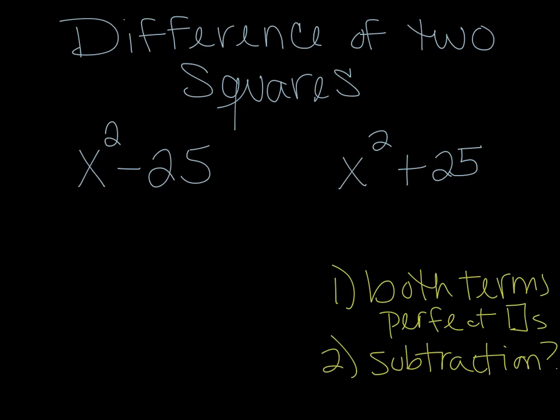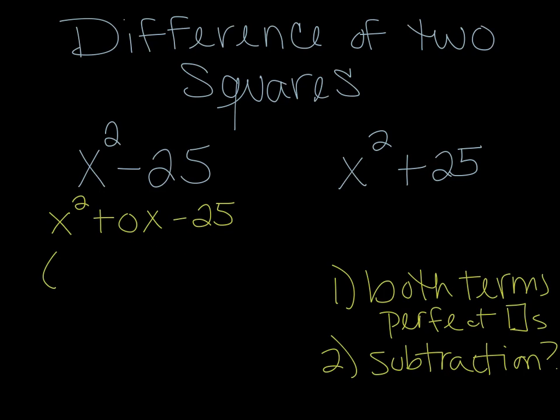Now, don't forget you can also rearrange your terms to make it subtraction if you need to, so keep that in mind. What we're really factoring here is something where the b term is 0. Thinking back to our trinomial, find two numbers that multiply to negative 25 and add to 0. Well, 1 and 25 doesn't work, but 5 and 5 would work if we need a negative 25.